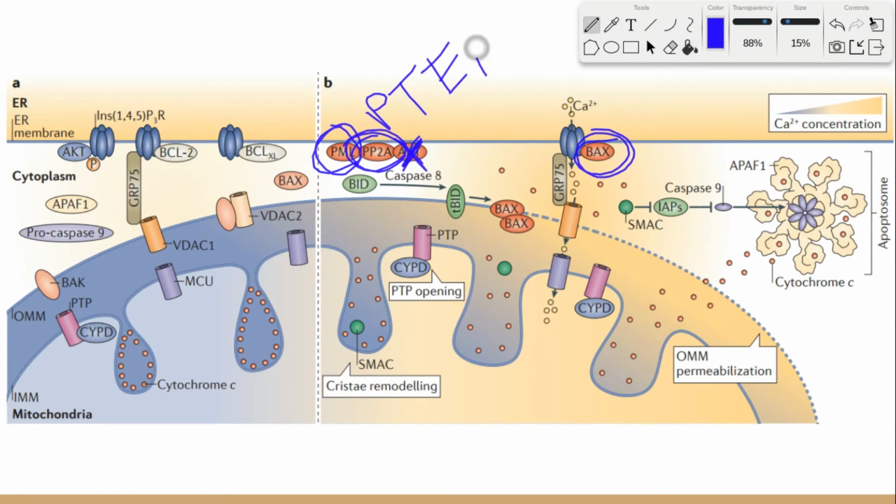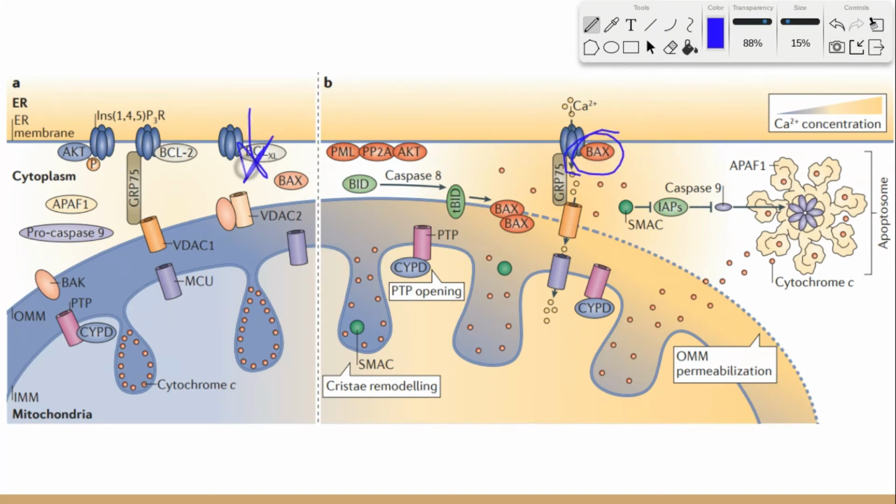It's a very commonly mutated protein in cancers. And so PML, the two big events that happen during apoptosis are the loss of BCLXL or BCL2 due to the presence of BAX. BAX displaces these interactions. And we see the loss of inhibitory phosphorylations.